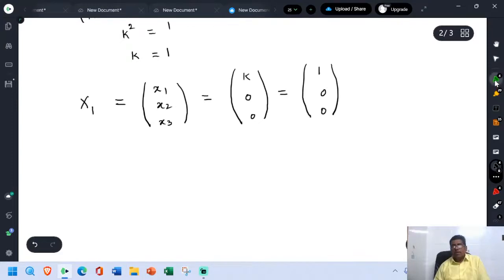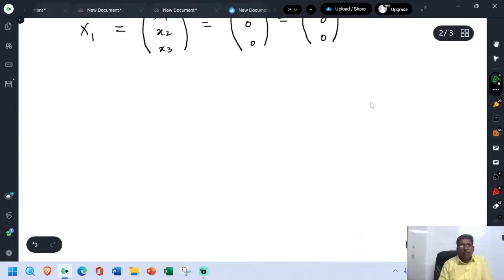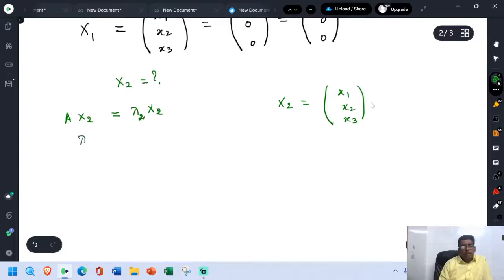Now we have to find the value of x2. For that, you have to write A into x2 equal to lambda into x2. Here the value of x2 is x1 x2 x3. Then this is lambda 2. The value of lambda 2 is 2. In our case, lambda 2 value is 2.